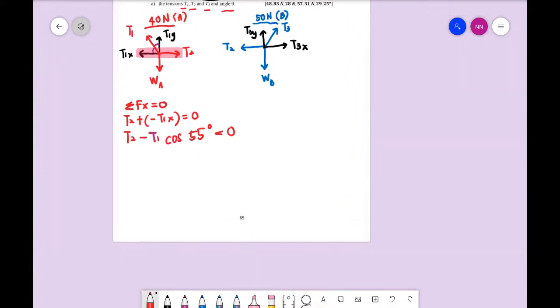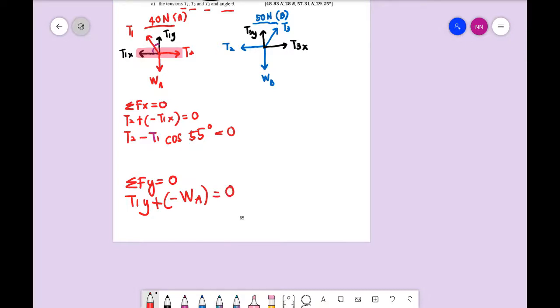And then for component Y for the 40 Newton object, net force Y equals to 0. So you have T1Y upward plus negative weight of object A, 40 Newton downward, equals to 0.